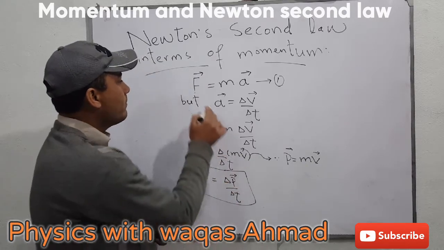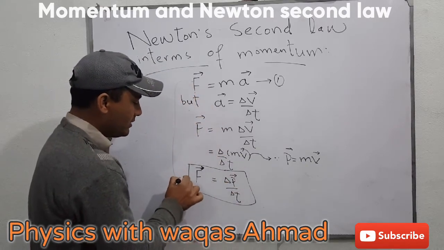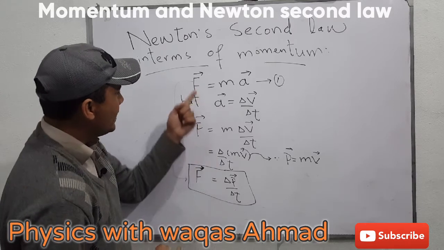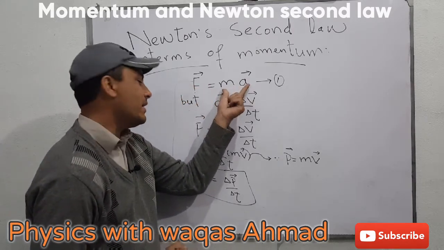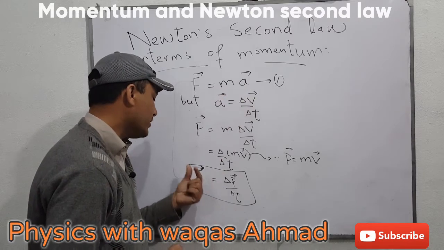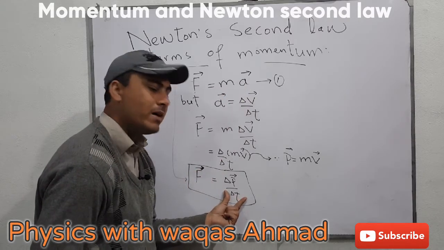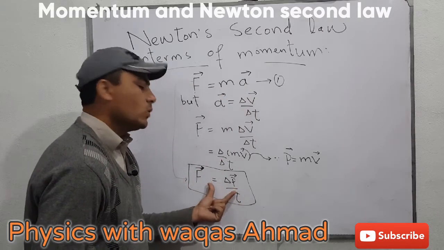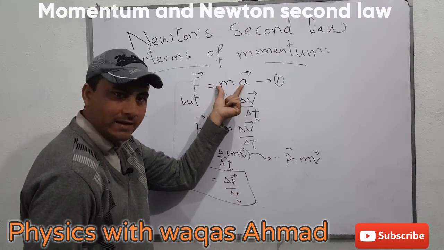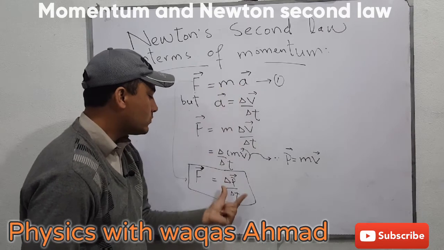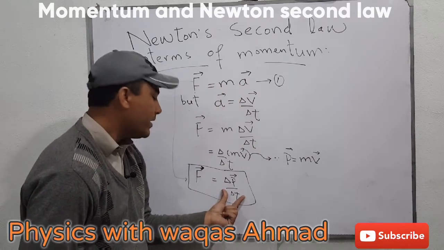So now if we compare this equation with this equation, we see that force F is equal to ma, which is Newton's second law, or similarly force is equal to del p by del t, which is also Newton's second law, but this one is in terms of mass and acceleration, and this one is in terms of momentum.